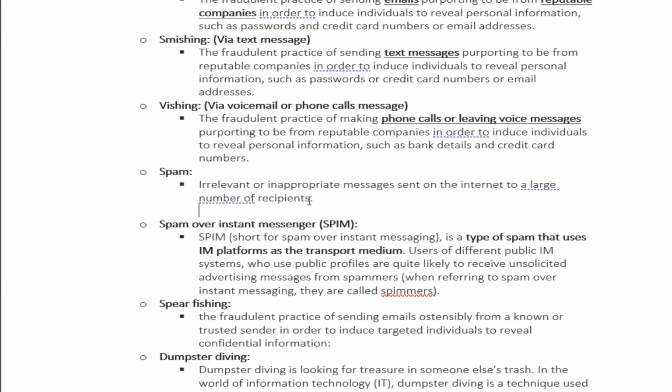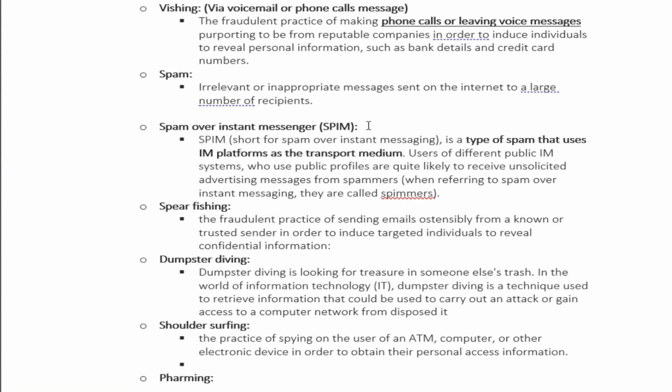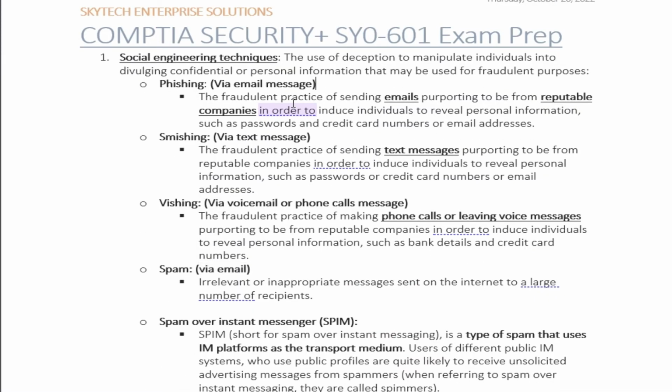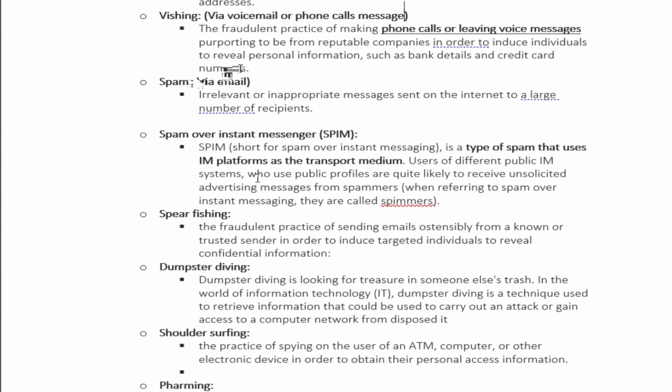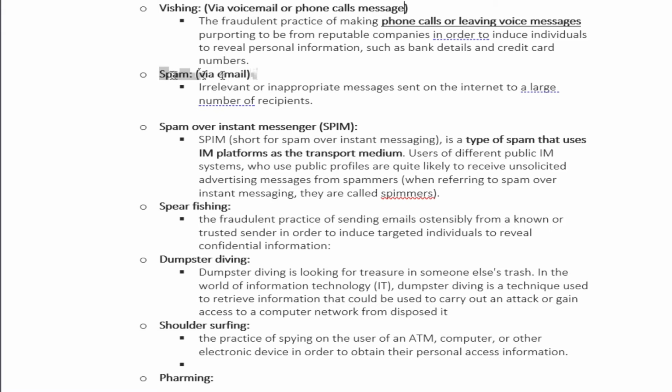Okay. There's also another technique called spam over instant messenger. So this one here, spam, is via email, right? So if you follow the trend, you have email, text, and phone calls. This one comes through email. You can also be spammed over IM, instant messenger. So here we go, SPIM.